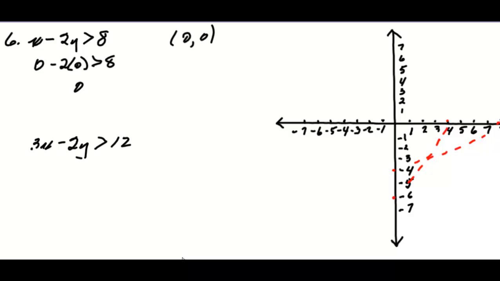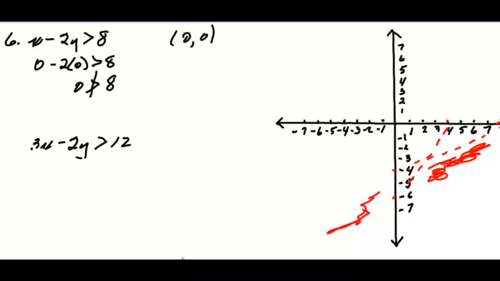And that ends up being 0 is greater than 8. Is that true? No, it's not true. So that means we're going to shade on the side that is away from our origin. That's over in here. And for that first equation, it's everything that's below that line. And that could extend clear over into here.